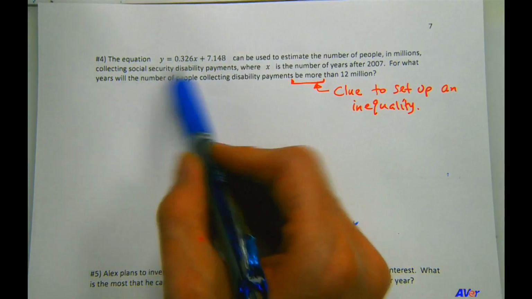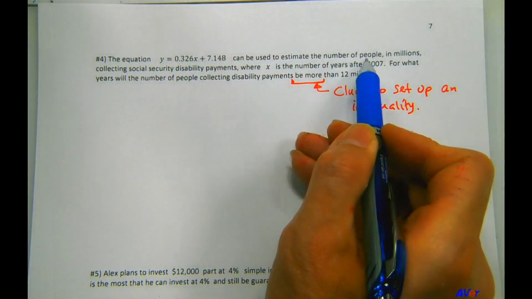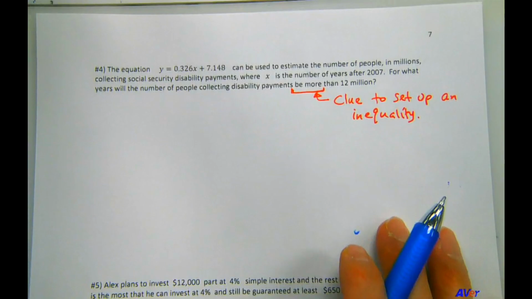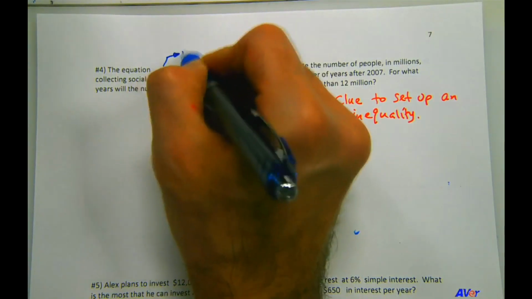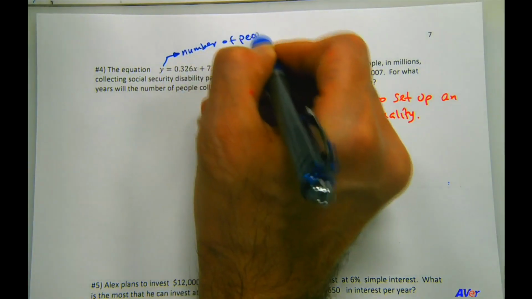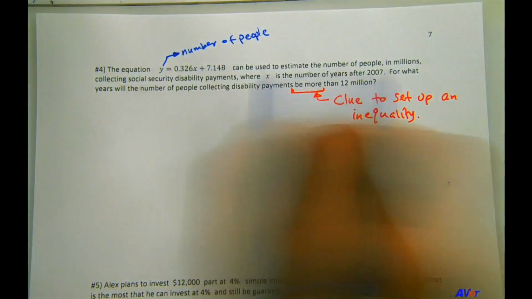It says the equation can be used to estimate the number of people. So y is the number of people, in millions.